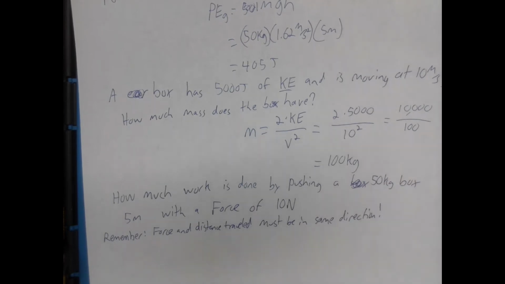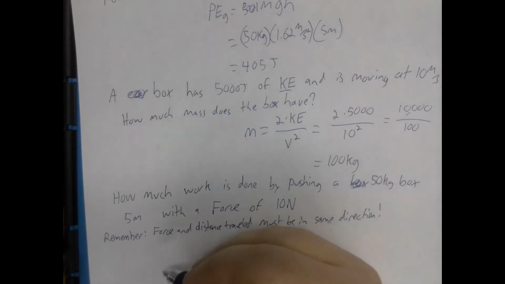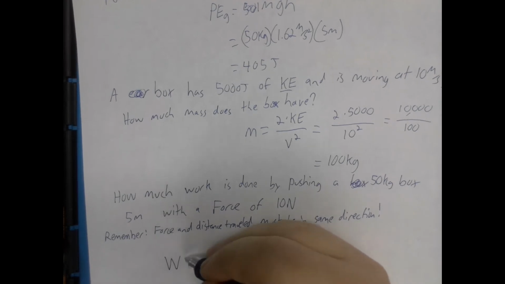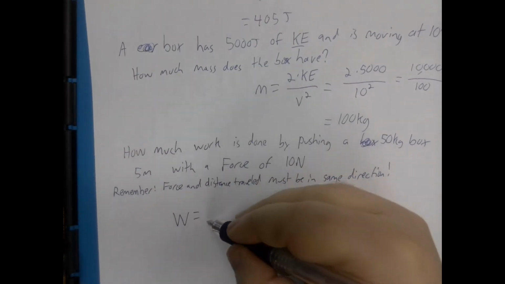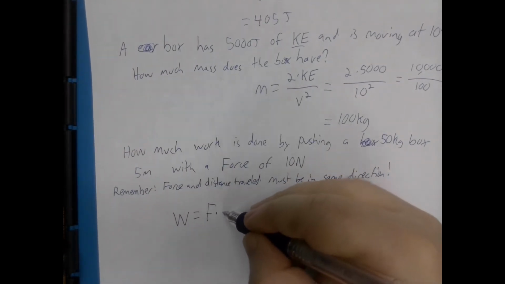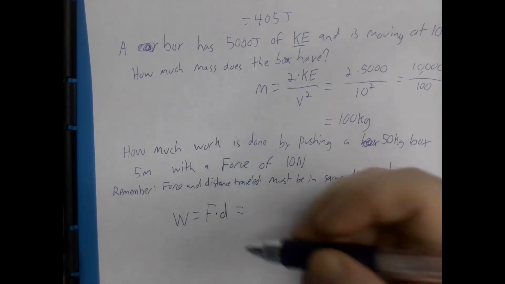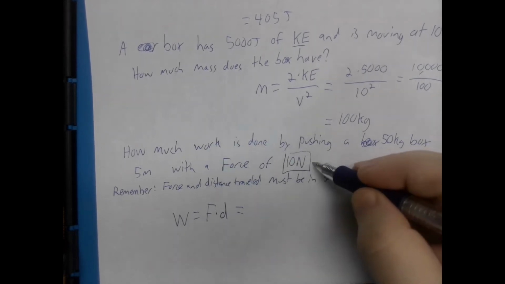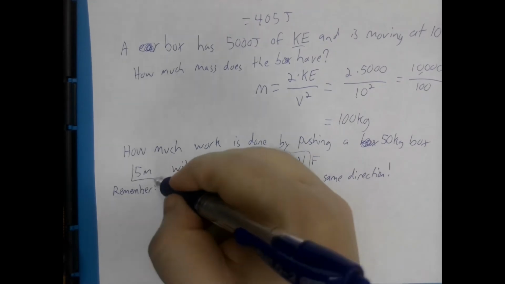So if you push a box forward, you're pushing forward on a box, and the box moves forward, that's the same direction. So work is equal to force times distance. This is our force, and this is our distance.